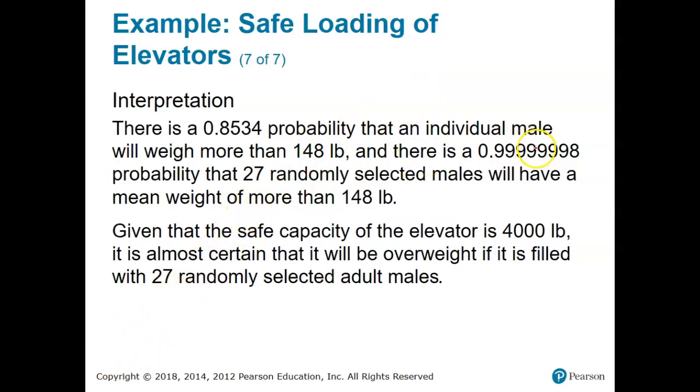So based on the results that we have here, it's almost certain that the capacity of the elevator, which is going to be 4,000 pounds, is going to be exceeded if we have 27 adult males on the elevator at a given time.